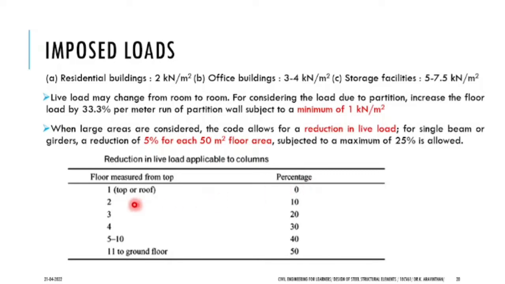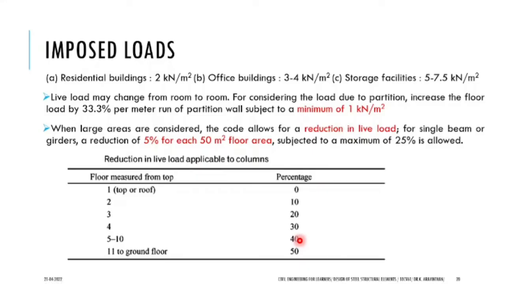Okay. At the second floor, you can reduce by 10%. If you are building your house, for the first floor, you can reduce 10% of your live load. Second floor, third floor, like that. If you keep on increasing the floors, for the 5th to 10th floor, you can consider 50% of your live load.